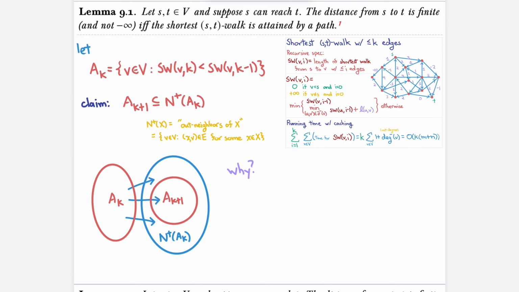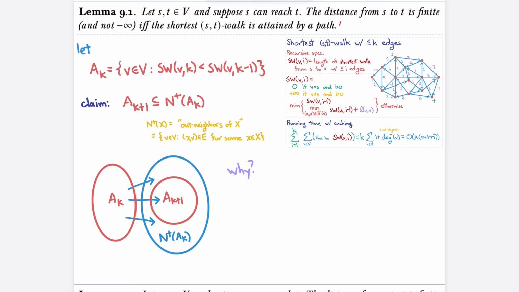Okay, so if I improved in iteration 101, but all my neighbors did not improve in iteration 100, then it's all using 99 or below values. Right? So whatever value was there from all my neighbors was at most 99 edges. So I shouldn't be able to improve on 101. I should have improved at 100 or something.